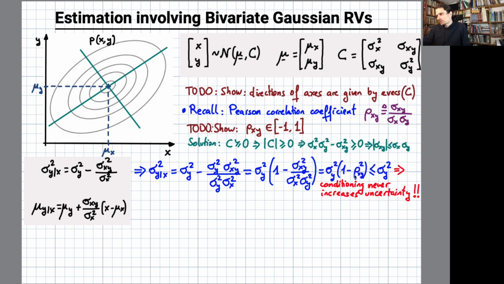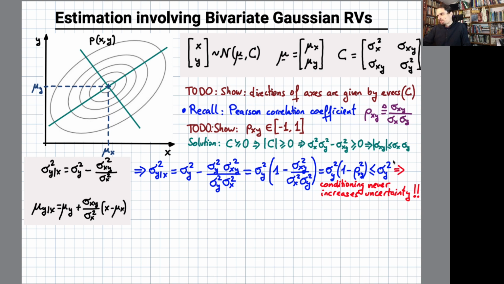This Pearson correlation coefficient will be different from 0, right? And this 1 minus rho xy square will be strictly less than 1, right? This means that whenever there is some correlation, the posterior variance will be strictly less than the prior variance, okay?